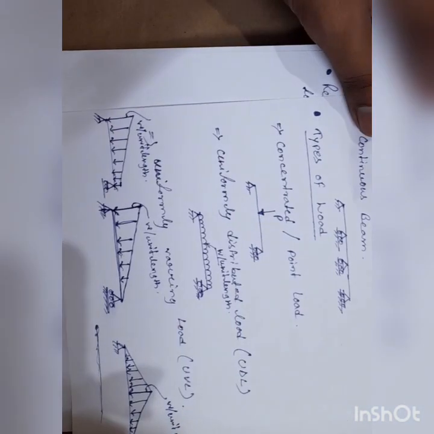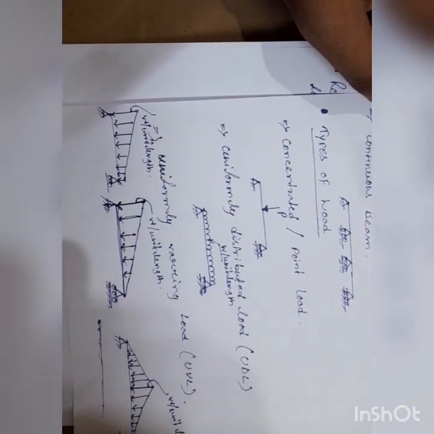So these are the types of loads: one is concentrated, the other is uniform, and one is uniformly varying load.